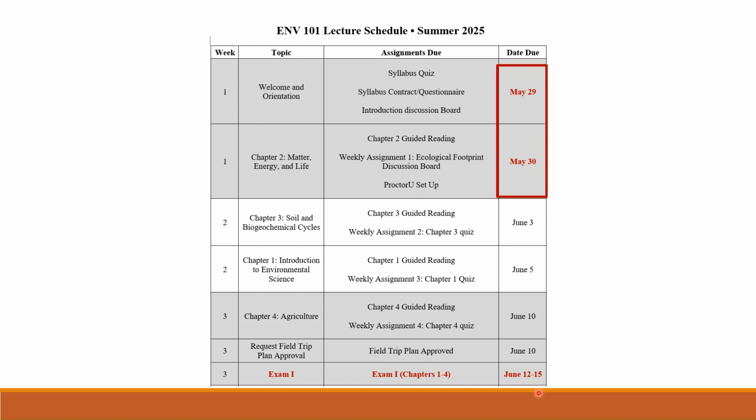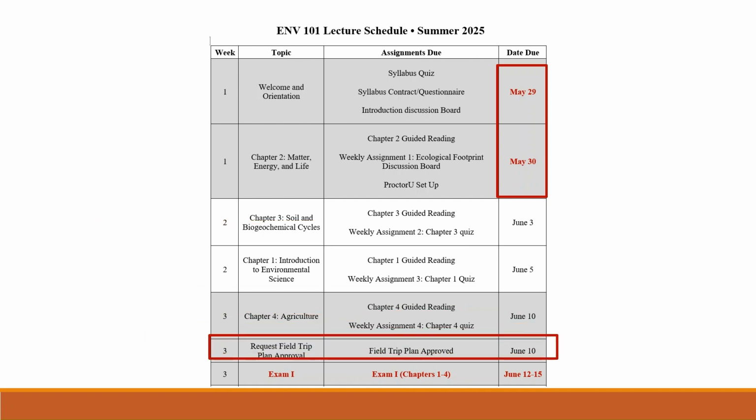Well, that's why the 12th and the 13th and the 14th are there. So you have many days and many opportunities to schedule these exams and take them. In the lecture schedule, it will tell you which chapters they cover. I get a lot of emails asking, what chapters are going to be on this exam? Well, check the syllabus. The chapters are going to be chapters 1 through 4 for exam 1.